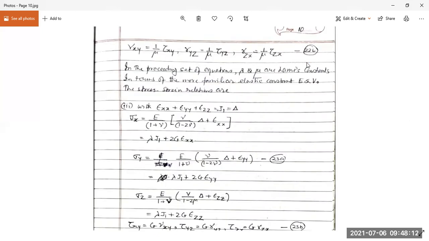So in the preceding set of equations, lambda and mu are Lame's constants in terms of the more familiar constants. The shear stress relations are like this. If we take the familiar constants E for Young's modulus and nu for the Poisson's ratio, we can write it like this. Sigma x, we replace it by lambda plus mu.